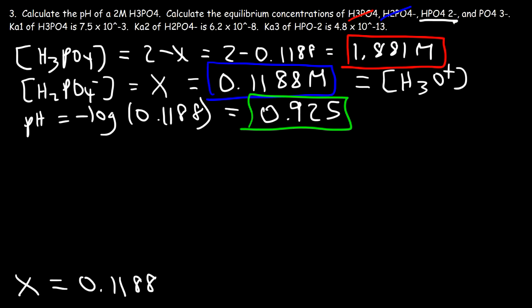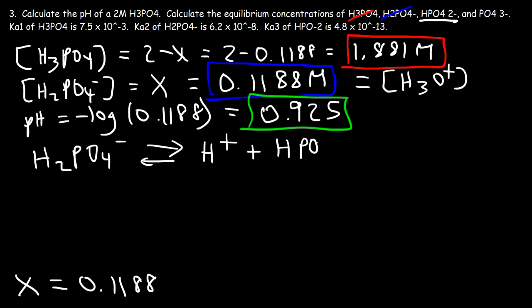Now let's calculate the concentration of hydrogen phosphate. So let's write this reaction. H2PO4 minus is in equilibrium with H plus and HPO4 2 minus. So we can use the expression for Ka2.